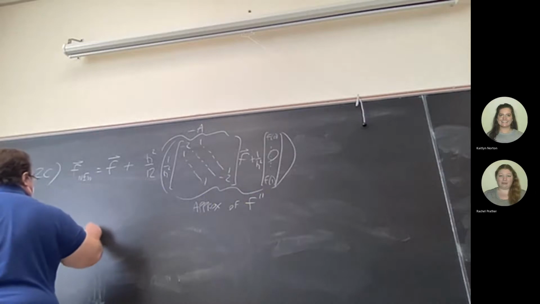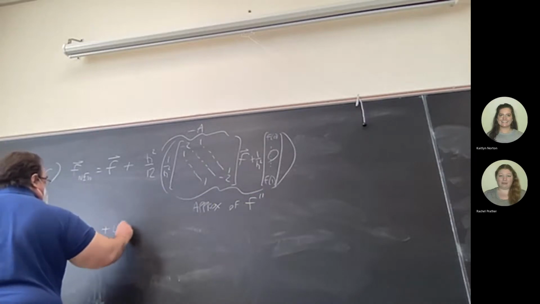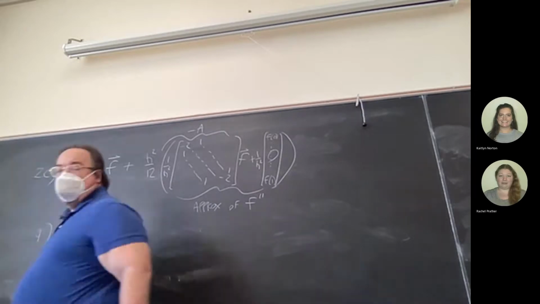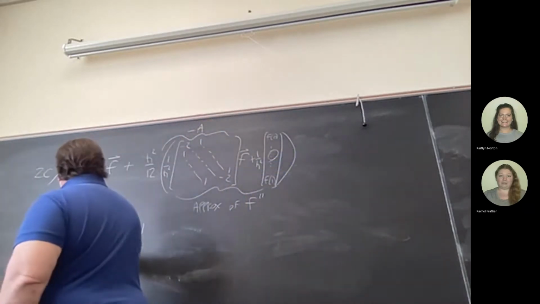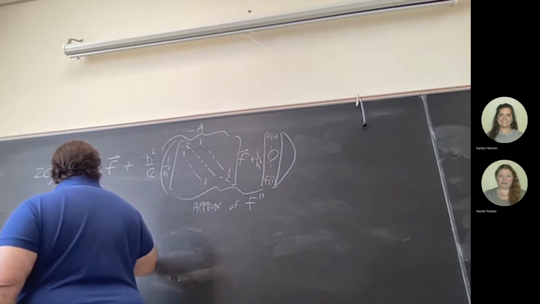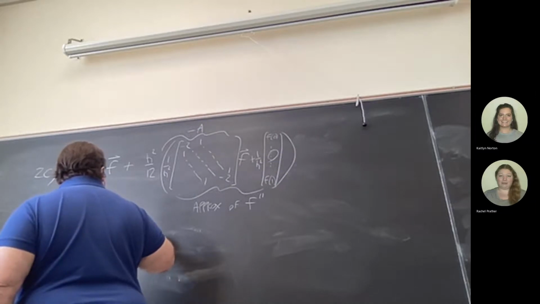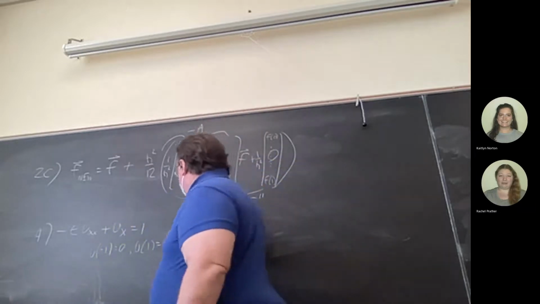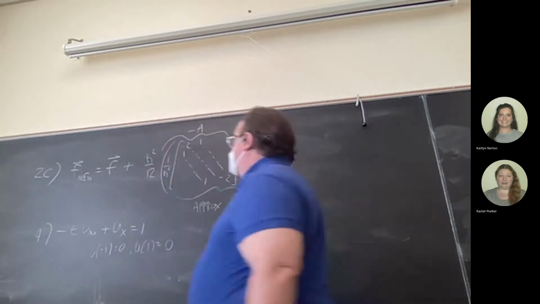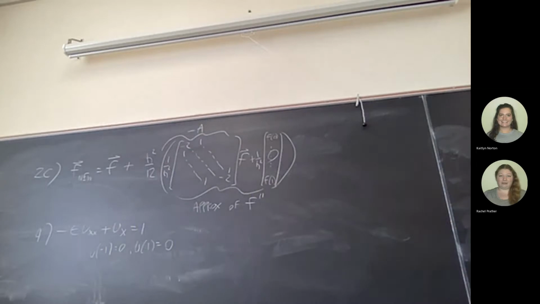minus epsilon uxx plus ux equals 1, with boundary conditions u of minus 1 is 0 and u of 1 is also 0. But because epsilon is small, the PDE is close to simply ux equals 1.